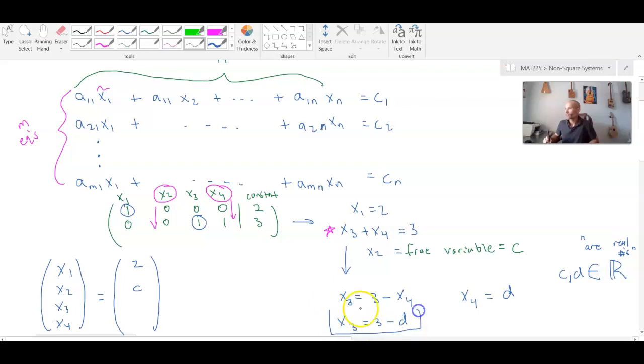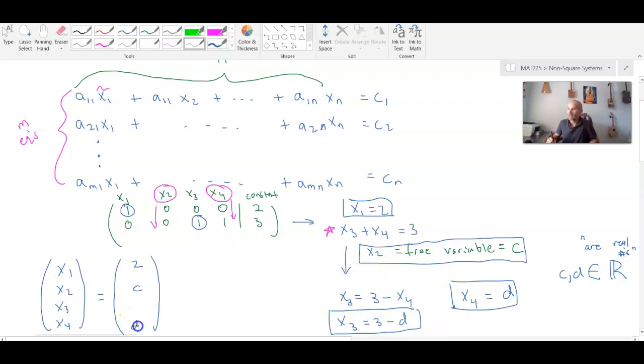So we have x3, we know what x4 is, we know what x2 is, and we know what x1 is. So x4 is going to be d, x3 is going to be 3 minus d, and any value of c and d that we pick will work for this system. It will make sure that x3 and x4 add up to 3, and it will make sure that x1 is equal to 2.